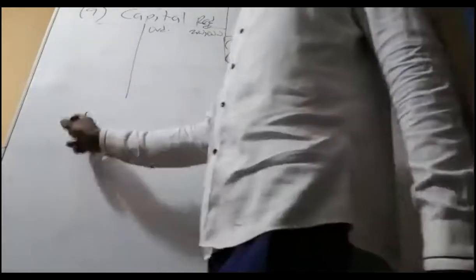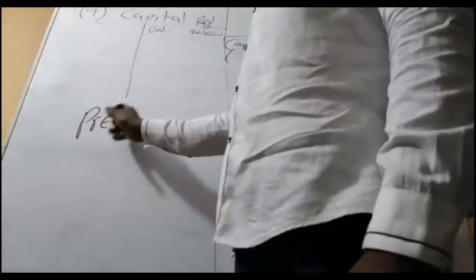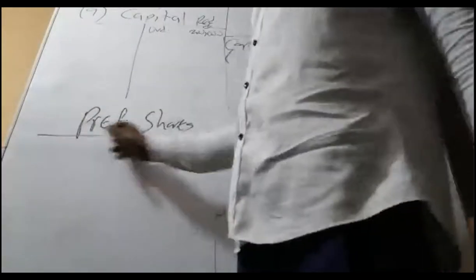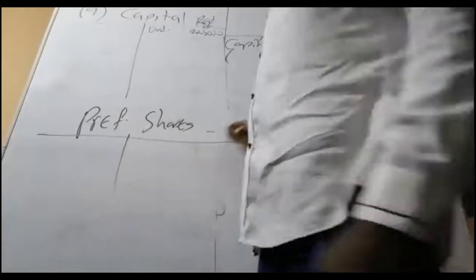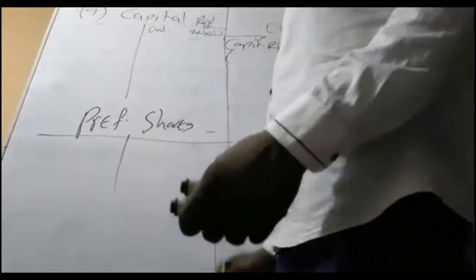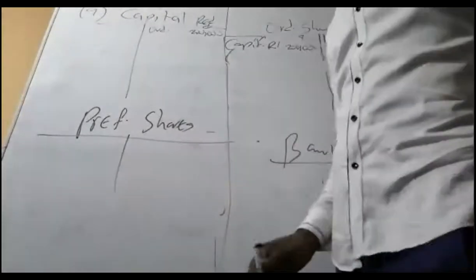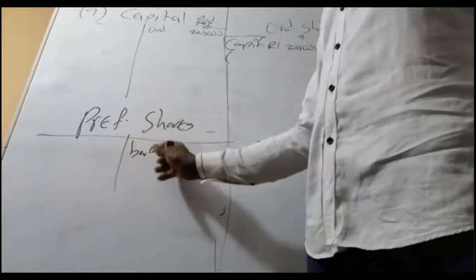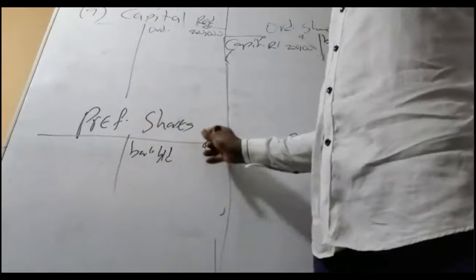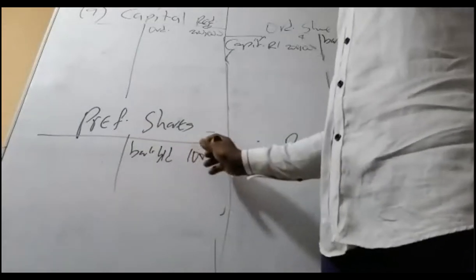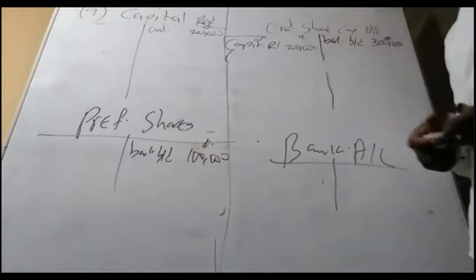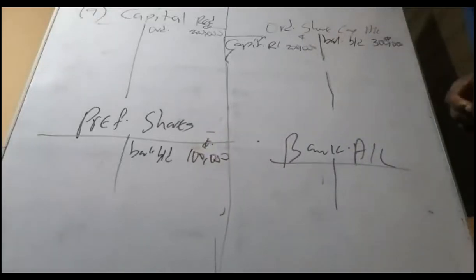So let me do the preference shares here, small one. Immediately go to the balance sheet and then record the opening balance. So preference share, the opening balance, balance brought down, they have 100,000 there, and we are paying them with 40,000 ordinary shares.